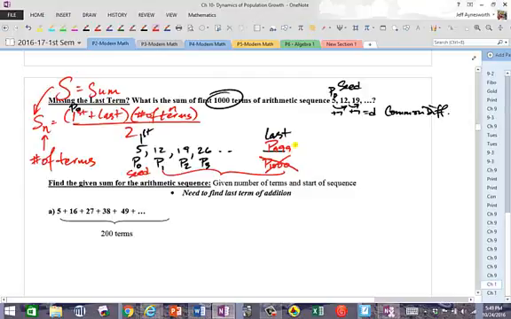Why? Because we start counting from 0. If you count from 0 to 999, there are 1,000 terms. So we need to find that first. I talk about this right here because it's so important. Most people make the mistake that it is p sub 1000, because it says 1,000 terms, but they forget they start counting at 0.